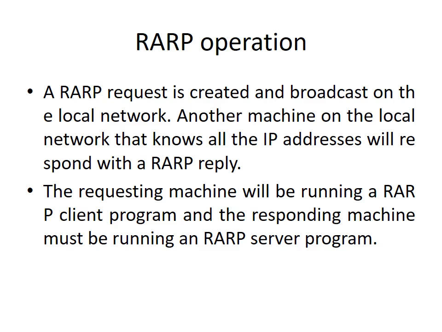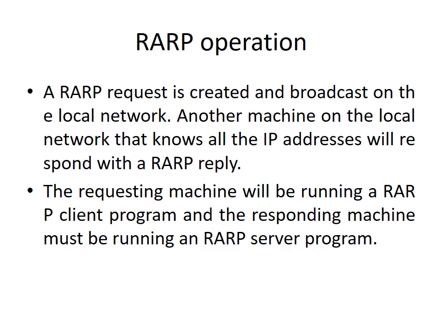How it works is that there will be a RARP request and a RARP response. The RARP request asks for the logical address on the network. The client which is requesting the IP address runs a RARP request program.